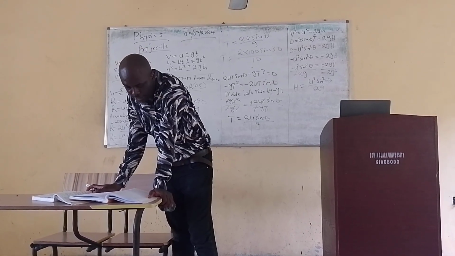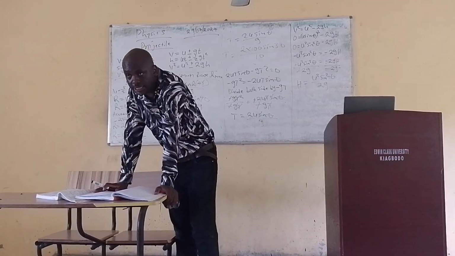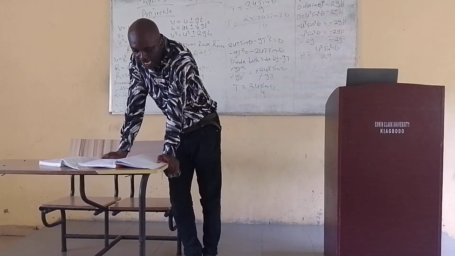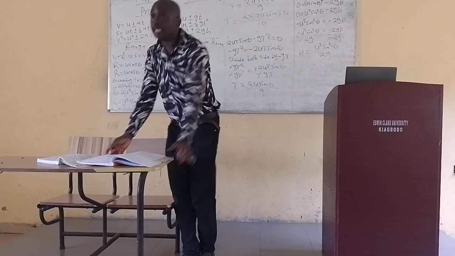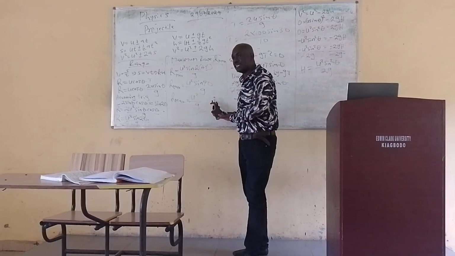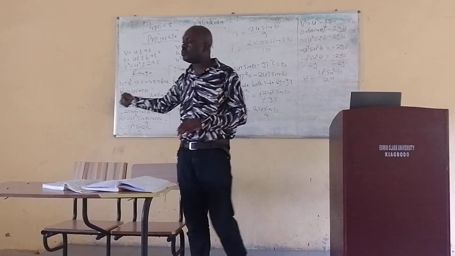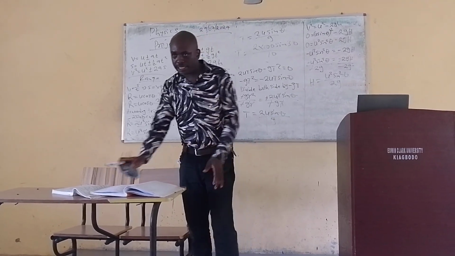Now let's check if we actually learned what we are supposed to learn today, which is the objective. We say identify and explain the properties of projectile. And I told you the properties of projectile are time of flight, maximum height, and range. You all understood how we got our time of flight, how we got our maximum height, and how we got our range. Alright, so I think all of you understood that, right?